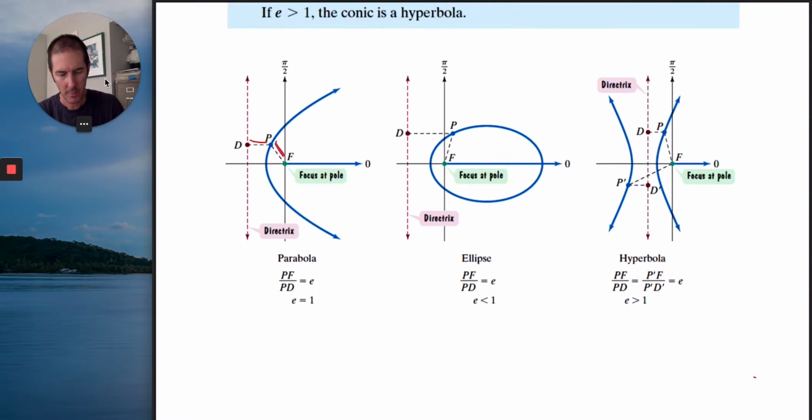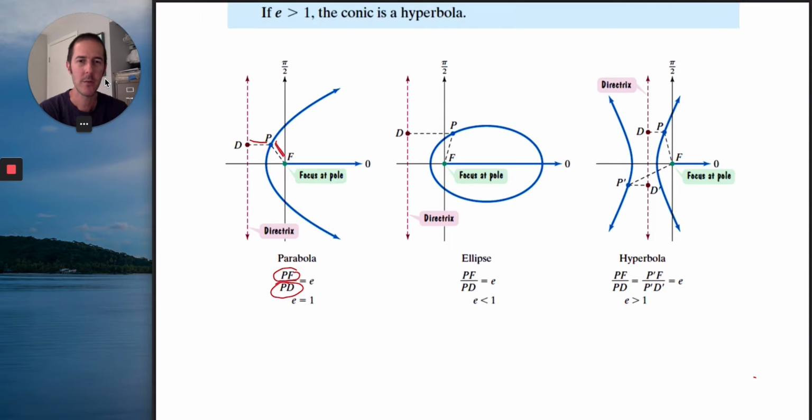So that's PF from the point to the focus, PD from the point to the directrix, and those are the two distances that we're going to look at in order to calculate our eccentricity value. As you might recall from the definition of a parabola, the parabola is the collection of points, or the locus of points, where those two distances are equal to each other. So we shouldn't be surprised to see an eccentricity value of 1 there.